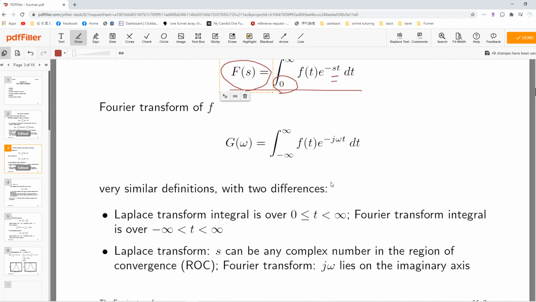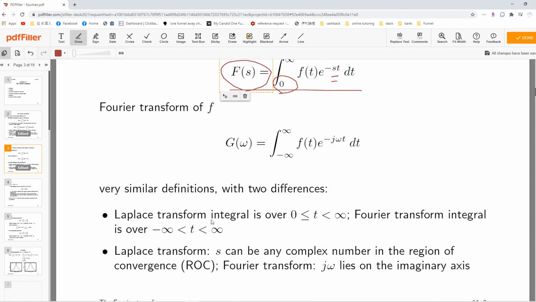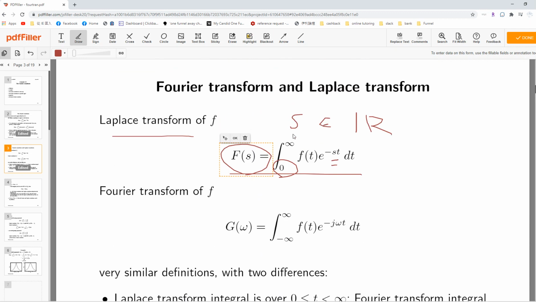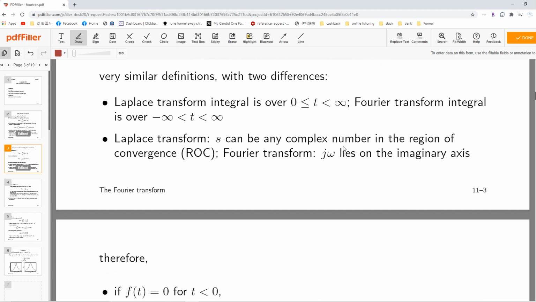Also, the Laplace transform integrates from 0 to infinity, but the Fourier transform is from negative infinity to infinity. So these are the two differences.